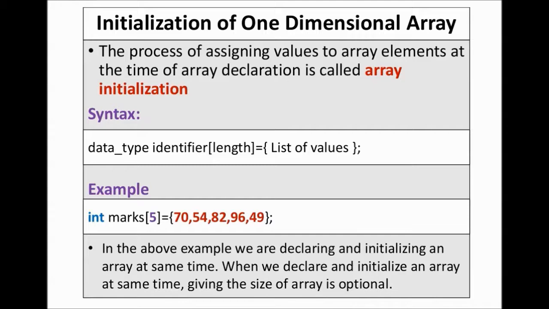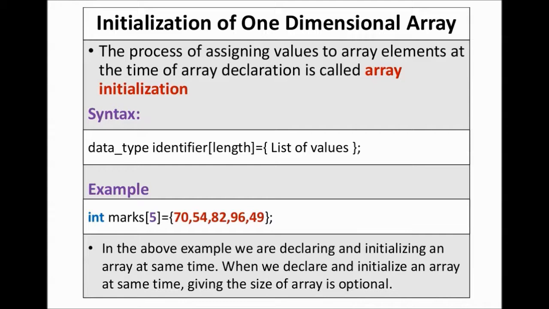So here is the syntax to initialize an array: data type, identifier, and in the brackets the length, is equal to the list of values between the curly braces. The data type indicates the data type of the values to be stored in the array.